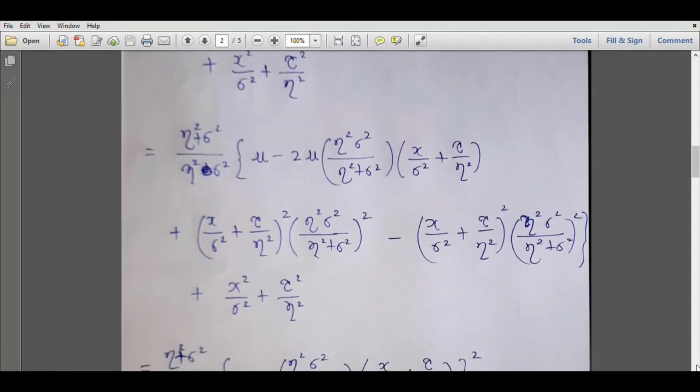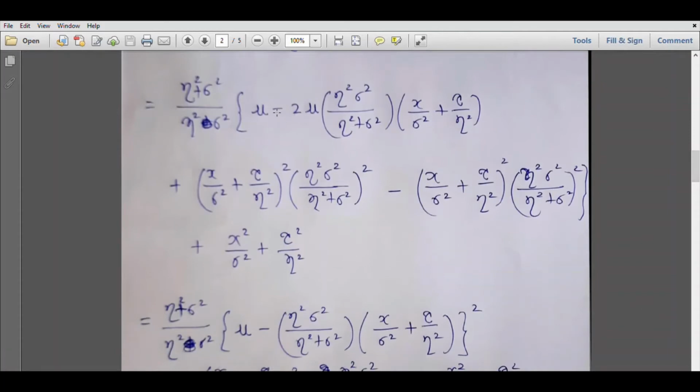So finally we get, considering the first, please don't forget that the first term should be mu square and not mu. So this term, then the product term and this third term collectively form the square of mu minus the product of these two terms, whole square. So these three terms together can be written as mu minus (eta square sigma square upon eta square plus sigma square) into (x by sigma square plus tau by eta square), whole square.